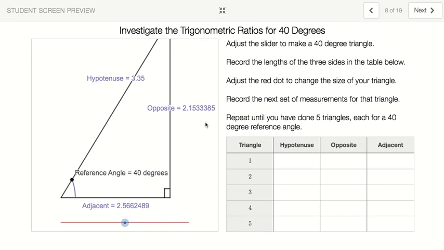Here's the second triangle, where your reference angle is 40 degrees and you need to change the sides by dragging the vertex that's up top. Again, you're going to fill out 5 trials. So you would be dragging that vertex up and down and filling out each cell of this table.